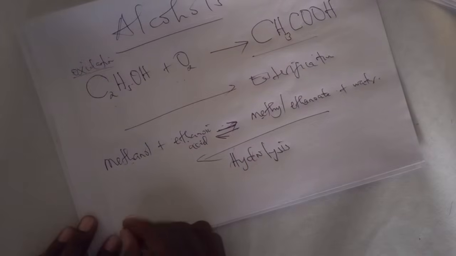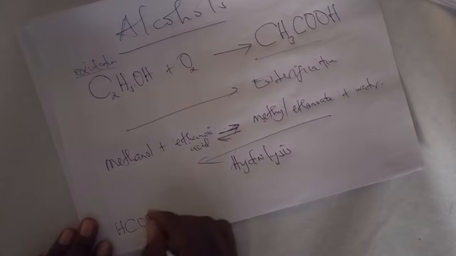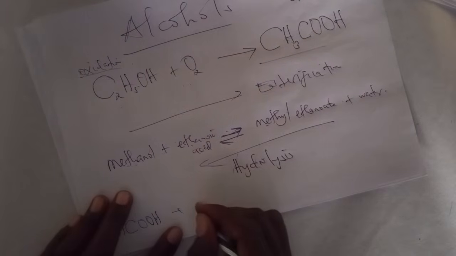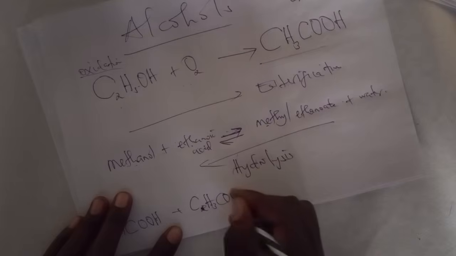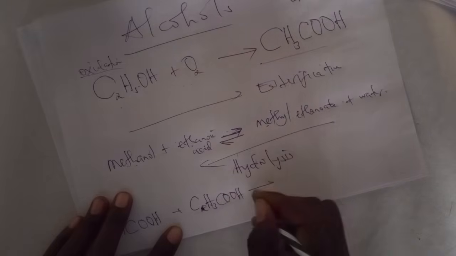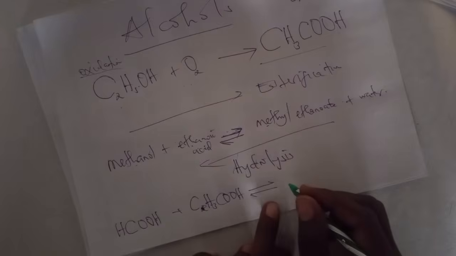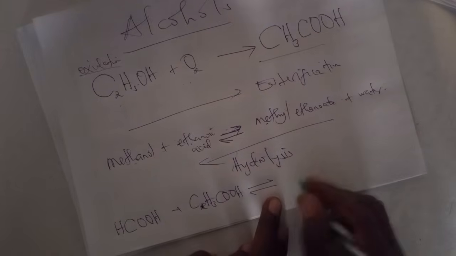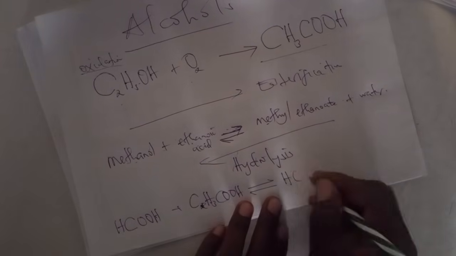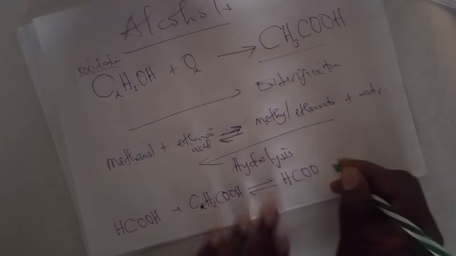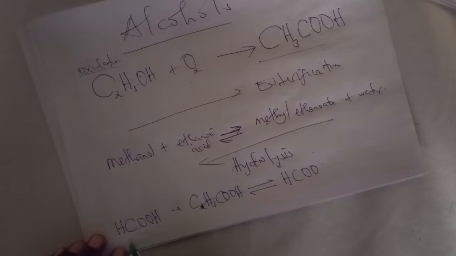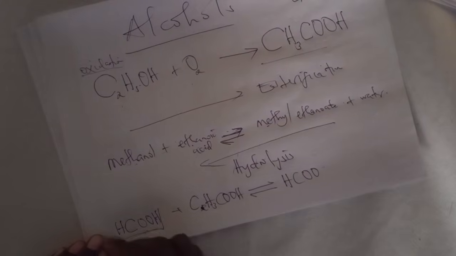So when writing esters, this is methanol. Methanol is CH3OH, plus ethanoic acid, which should be CH3COOH. When you react this, this is going to give you something like this. No, wait. This is methanol, right? So methanol, this one is an acid.